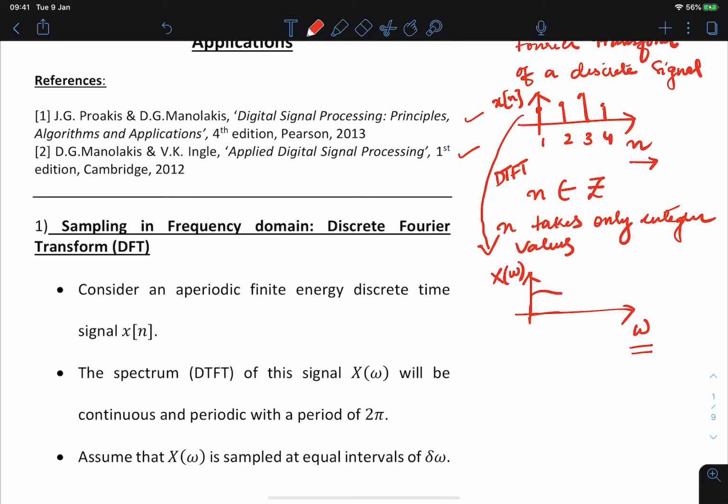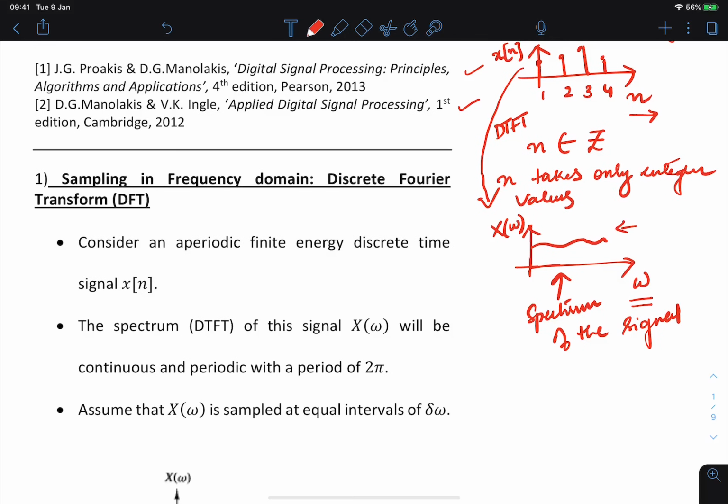Something you need to note is that even in the case of a discrete time signal, when you take the DTFT, the waveform you get as the output will be continuous in nature. The graph between frequency and amplitude is known as the spectrum of the signal, and it is continuous in nature.